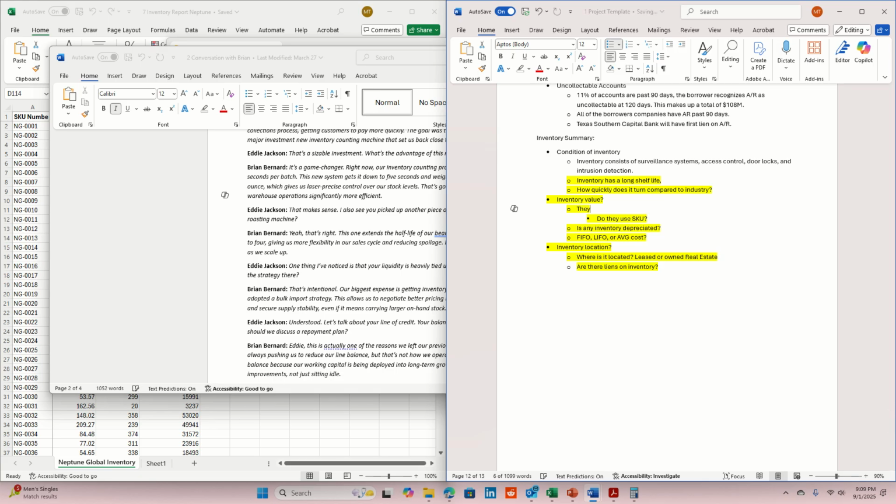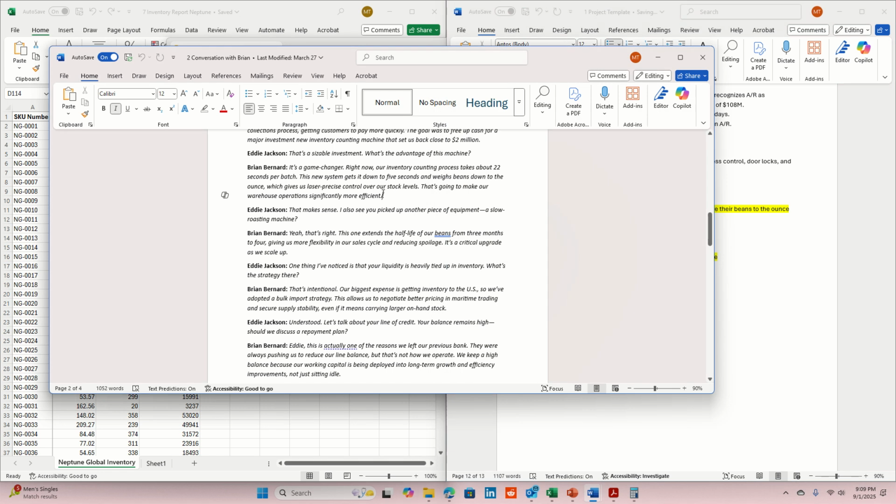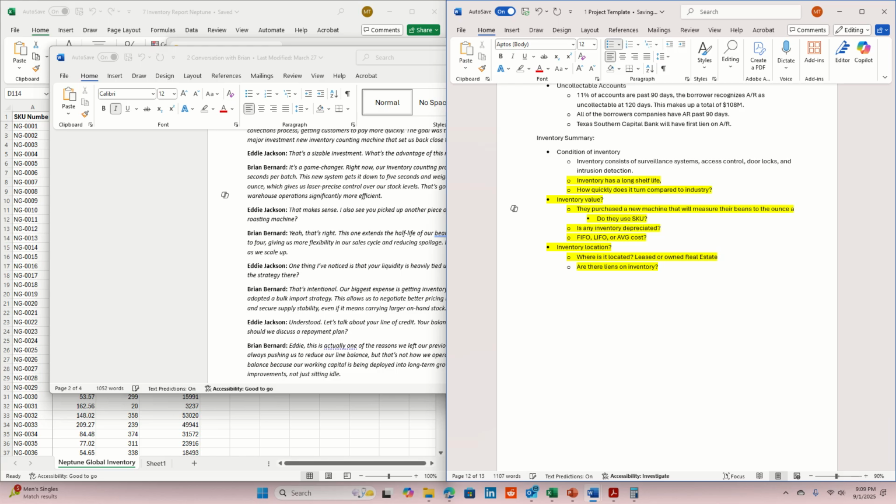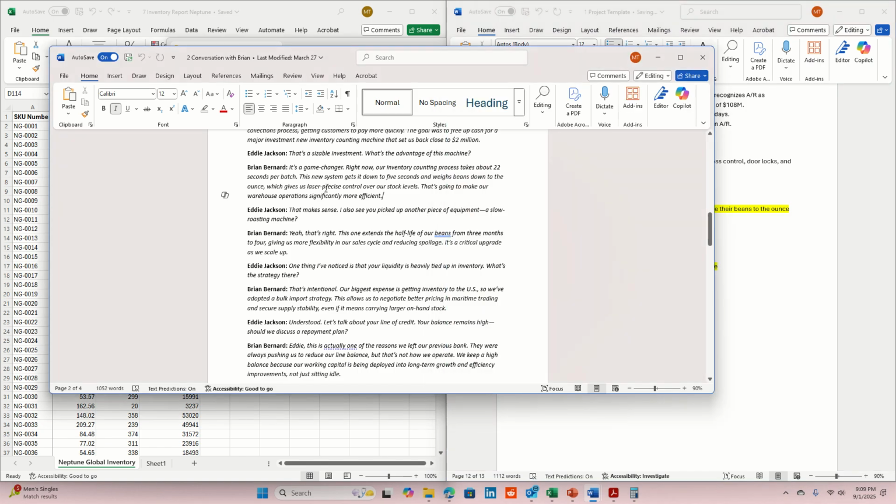You would say they purchased a new machine that will measure their beans to the ounce, and in less time, providing more precise measurements. This new system will get us down to 5 seconds and weighs beans to the ounce.